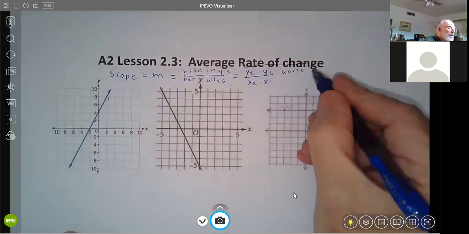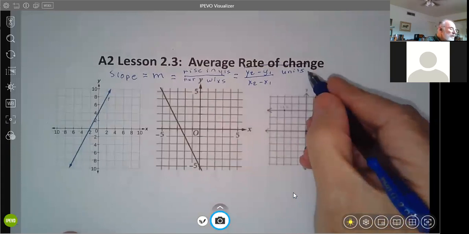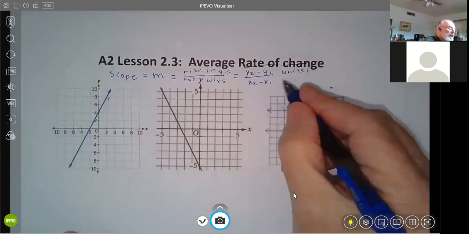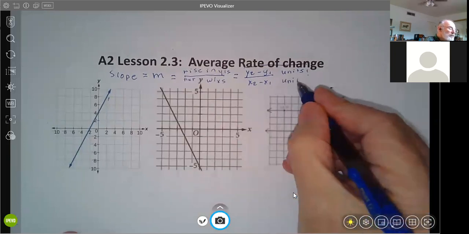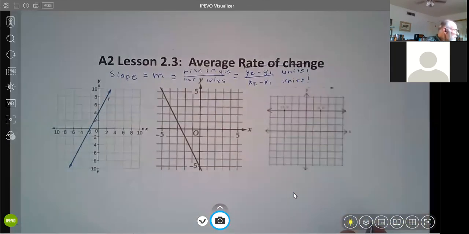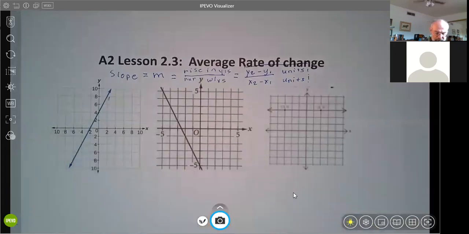So rise in y's would be rise in y units. And run in x's would be in some kind of units, okay? That's what we're trying to do. So we're going to talk about what units are, but let's go ahead and just look at an example here.